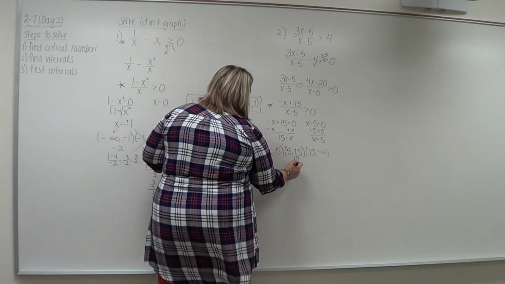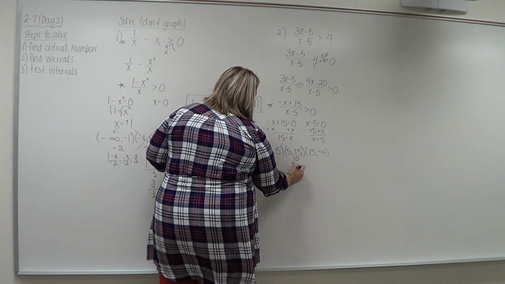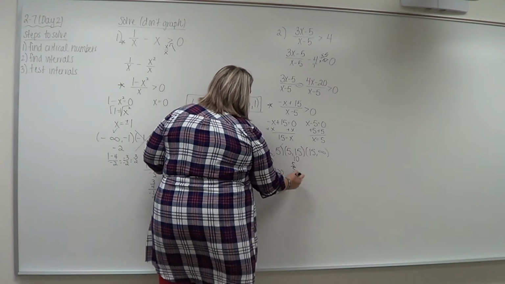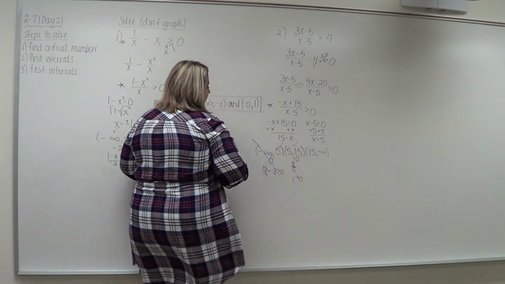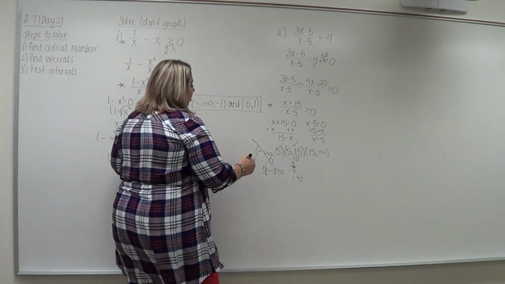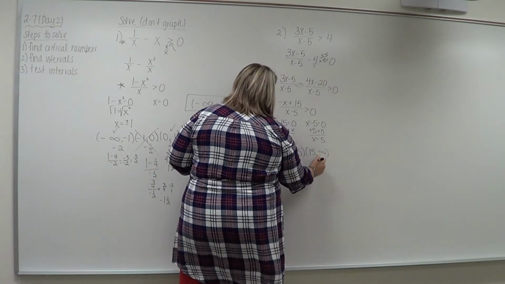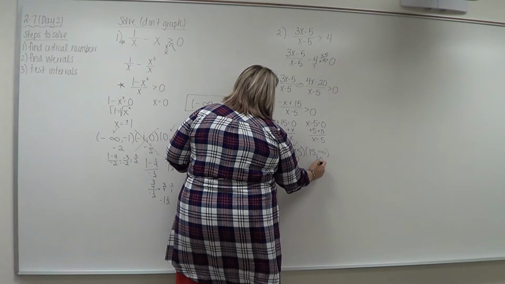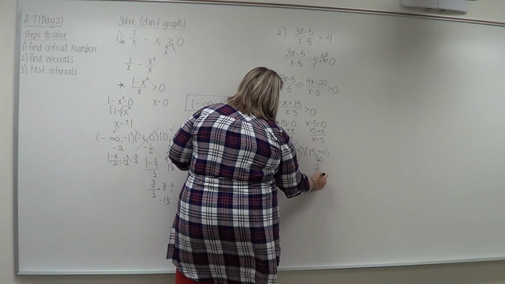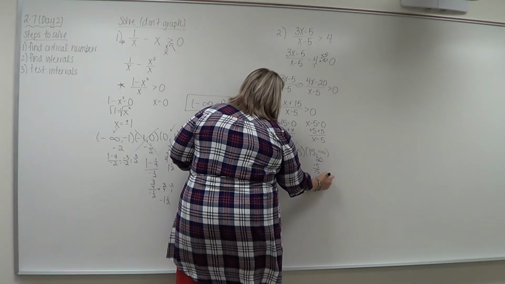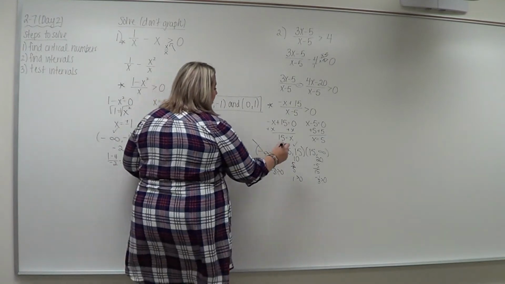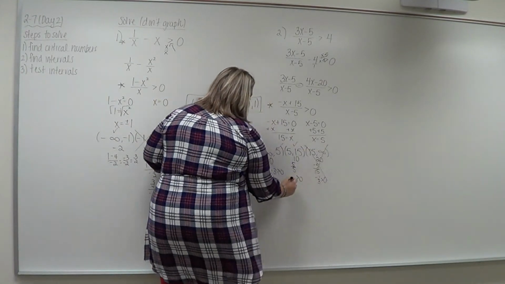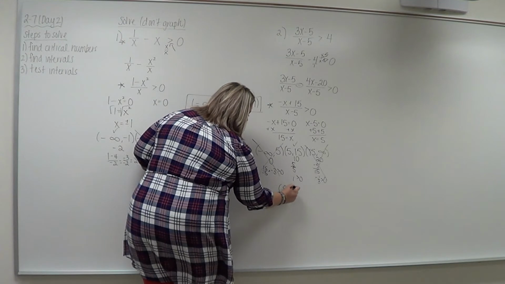So this would be 5 over 5, which is 1. Greater than 0? Yes. And then I'm going to plug in 20 for this one. So if I plug in 20, this would be negative 5 over 15, which is negative a third. Is negative a third greater than 0? No. So my answer is 5 to 15.